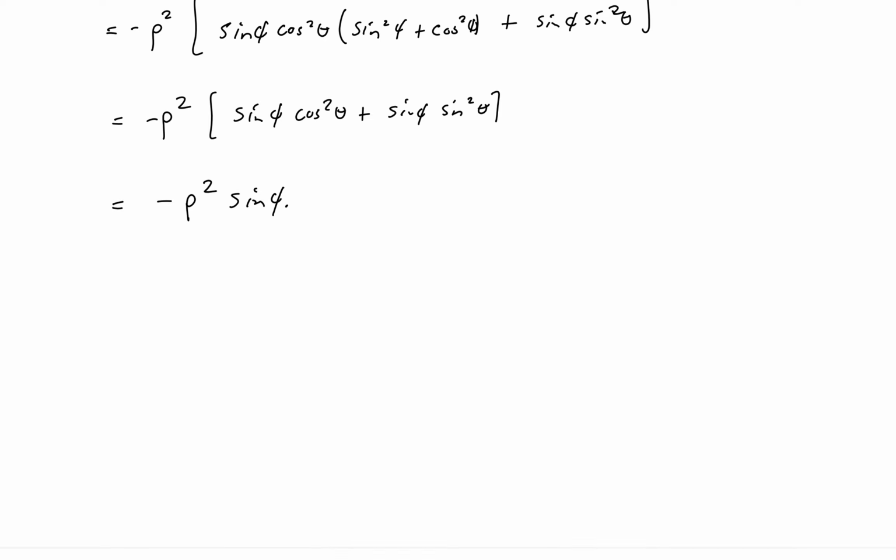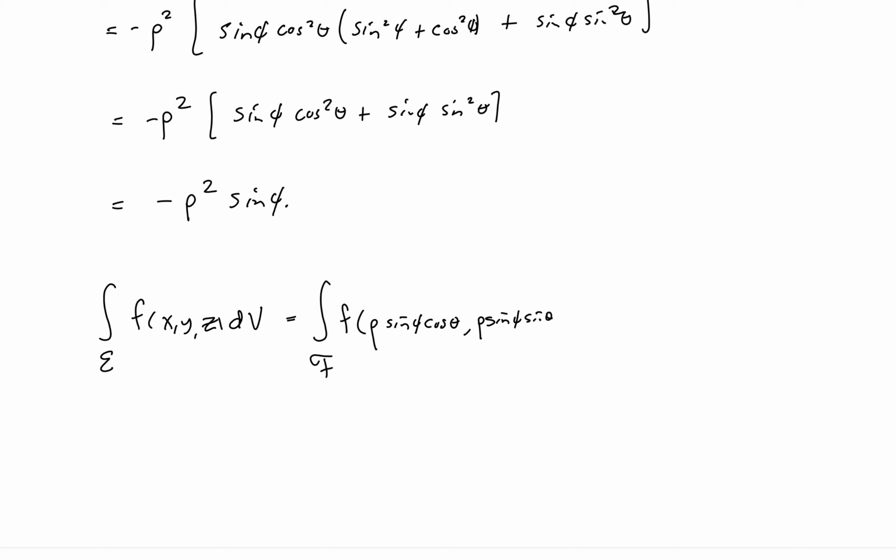So now if I look at my integral, now that I've calculated the Jacobian, even though it was a giant mess, it was doable. This becomes the integral over f of rho sine phi cosine theta, rho sine phi sine theta, rho cosine phi.